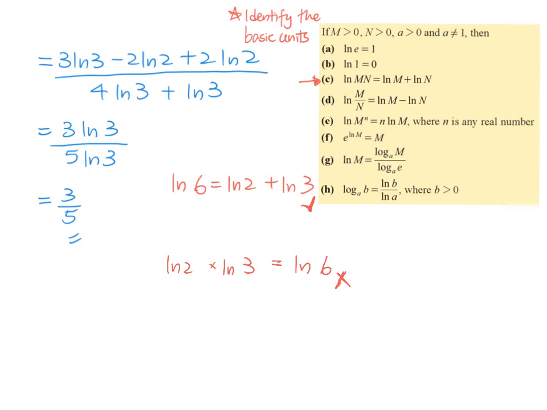It's also wrong to say that ln 2 times ln 3 equals ln 5. So the product of two ln's does not bring us anywhere, but the sum of two ln's is the ln of the product of the numbers.